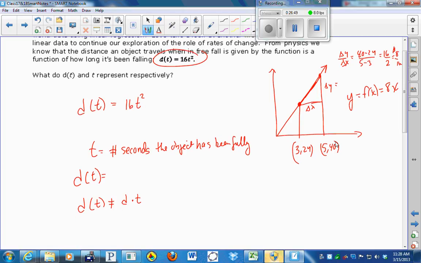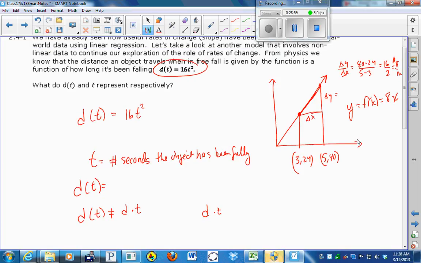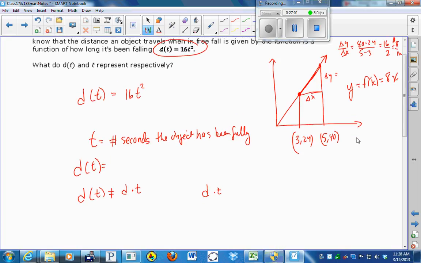Distance times time would be written just like that. But d parentheses t doesn't mean multiplication. Someone else want to raise their hand? Let me know, Zach. And what does d of t mean in terms of this problem? What would I be finding?